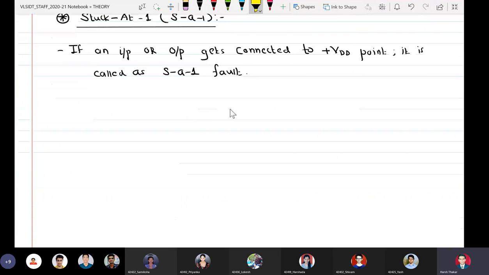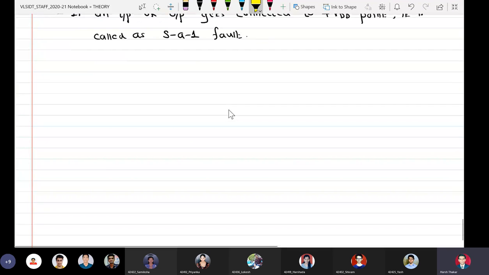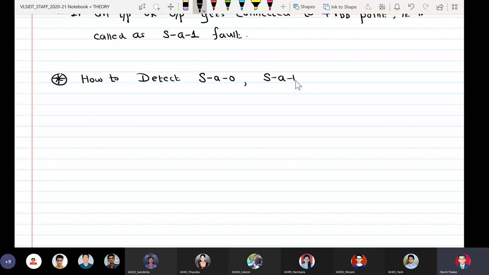Okay. A brief example of AND and OR gate, how to detect stuck at 0 and stuck at 1 faults is very important. So lastly, how to detect SA0 and SA1 faults. It's very simple. We take the example of a 3 input AND gate and a 3 input OR gate and you will come to know.